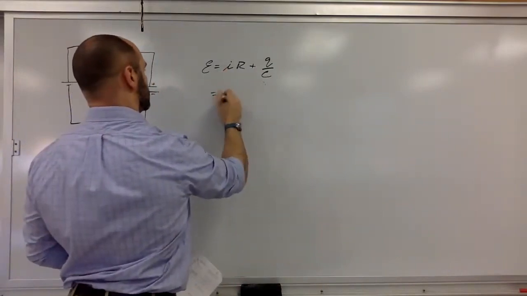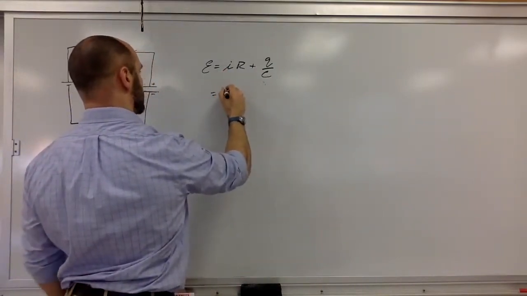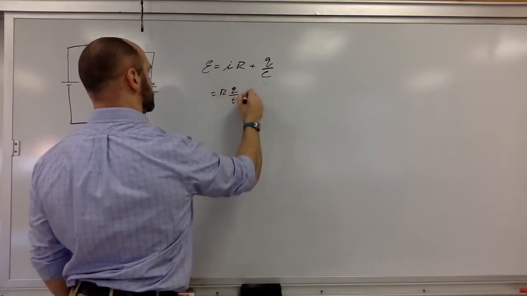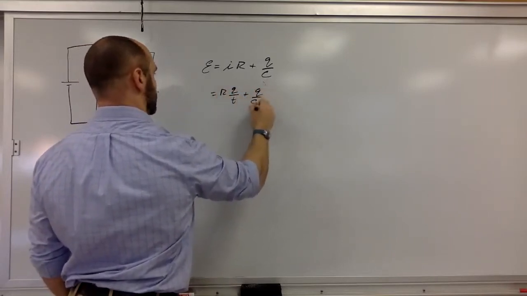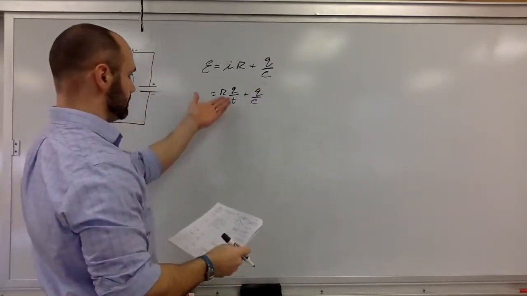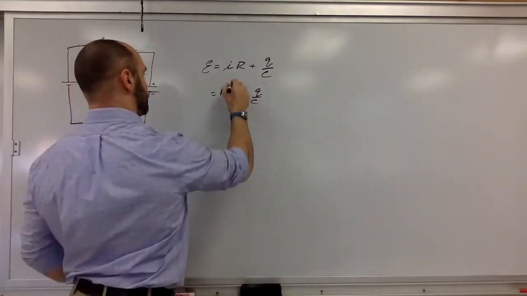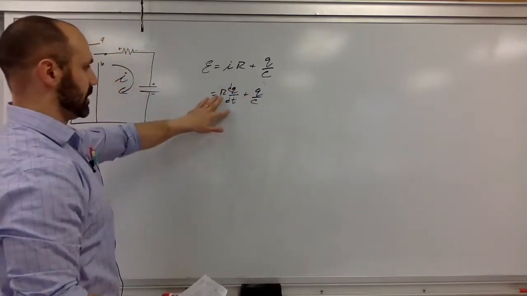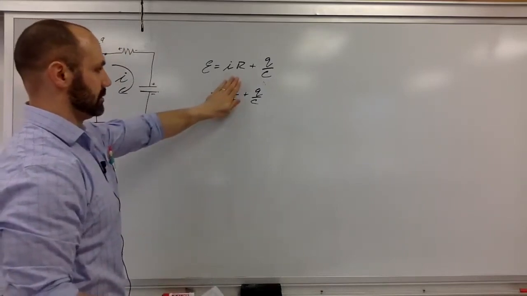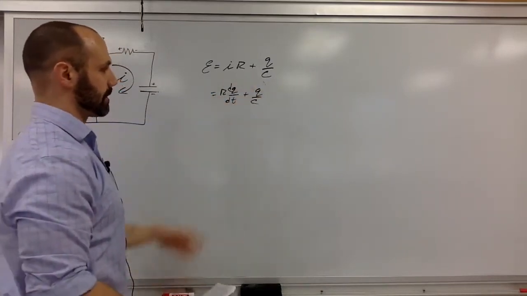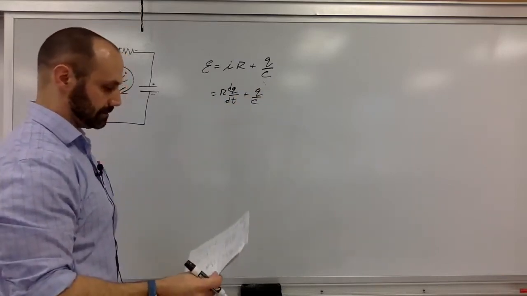I is dq/dt, so R times dq/dt plus q over C. Over time, the current gets to be 0, and then all the potential difference is across the capacitor. That'll be Q over C.